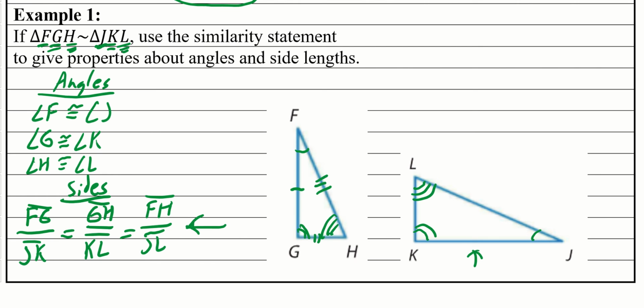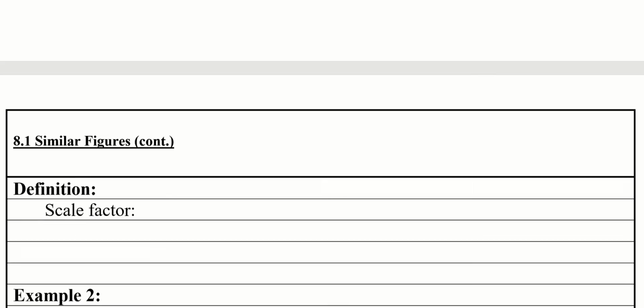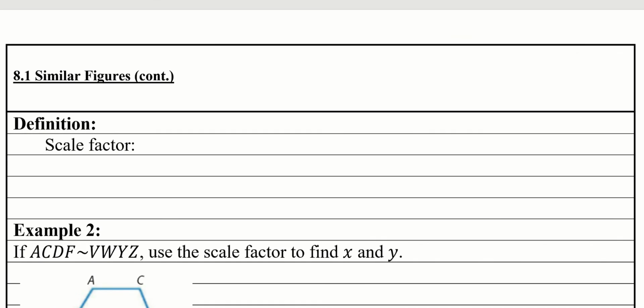Okay, so one other thing that we need to talk about that's going to be big in this unit is what we call a scale factor here. We're going to see this idea a good amount, so we want to make sure we understand what it's referring to.